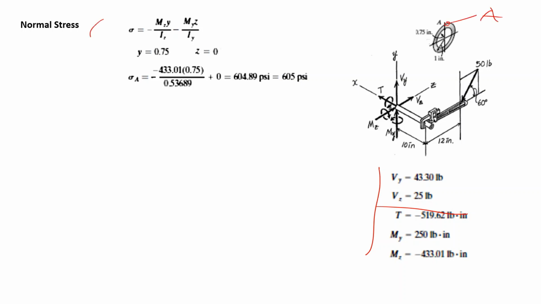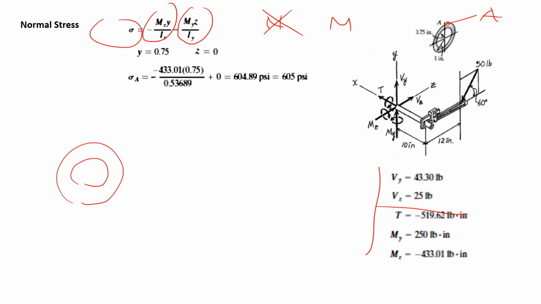Well, first the normal stresses. The normal stresses may be caused by normal force and by bending moment. Here we do not have any normal force, only bending moments around Z and Y. If this is your section, your Z lies like this and your Y like this.